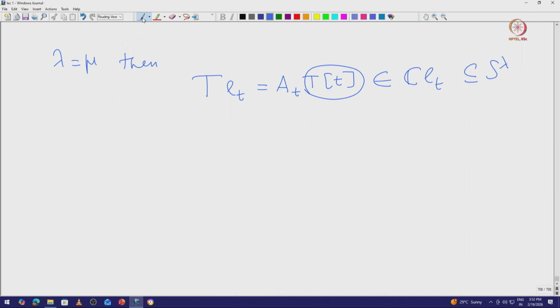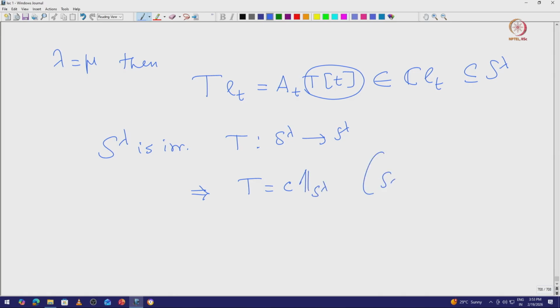Now note that S lambda is irreducible, and T maps S lambda to S lambda, and it is also Sn invariant. That would imply that T must be some scalar multiple of the identity.